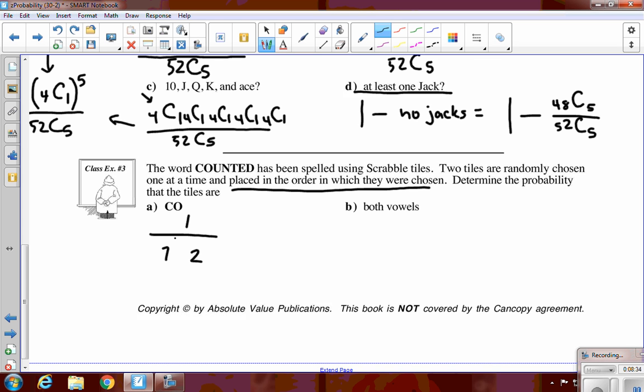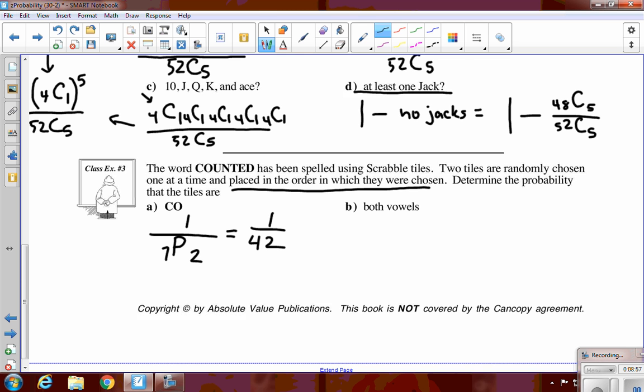So this is 7 permutate 2, which... Now crunch that in your calculator. What do you get? 1 out of 42. Thank you.